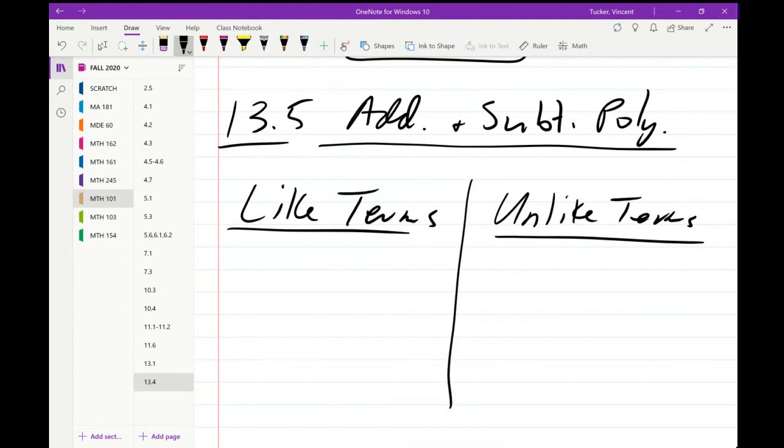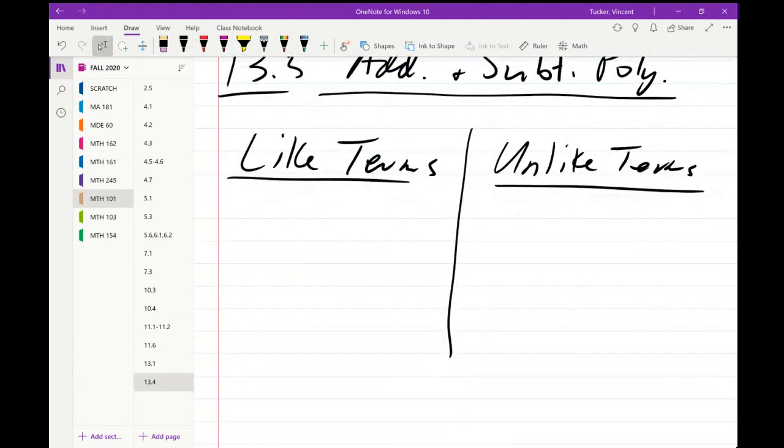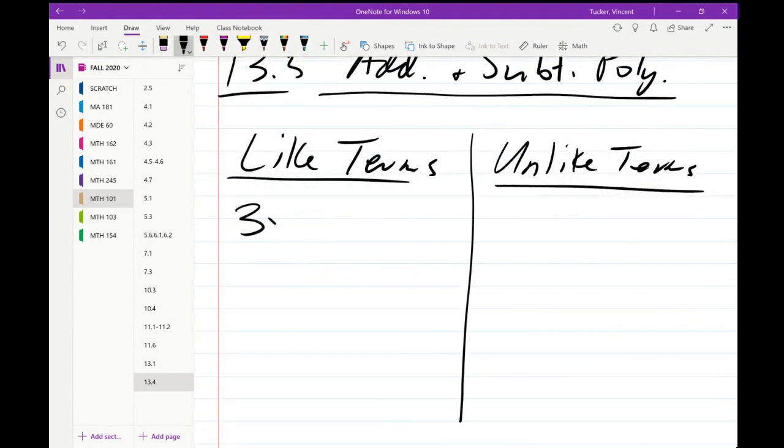So that means they have to have the same variables, same amount of variables, same exponent on your variables. So 3x and 5x are like terms. 8x squared and negative 10x squared are considered like terms.